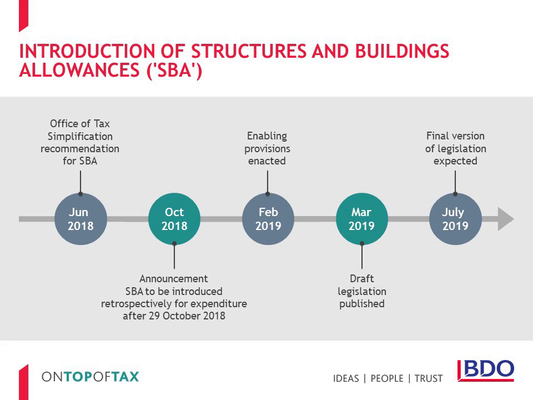We expect final legislation alongside specific technical guidance to be published during the summer. Therefore, we are in a period for which the structures and buildings allowances potentially apply, but the legislation on how it operates has still not been enacted and published.